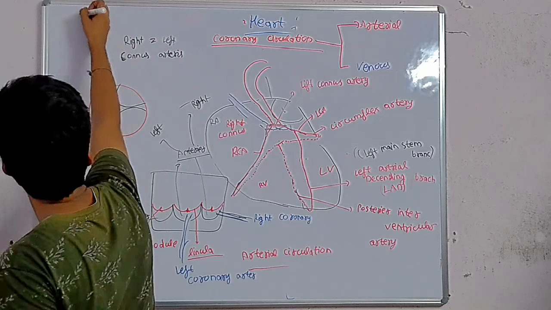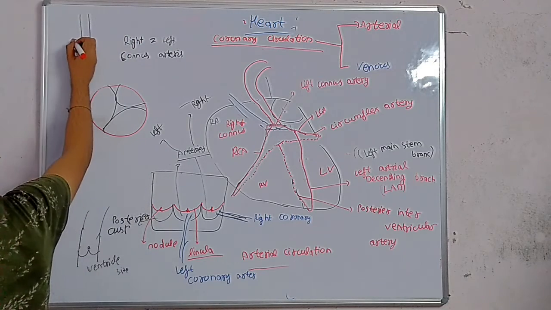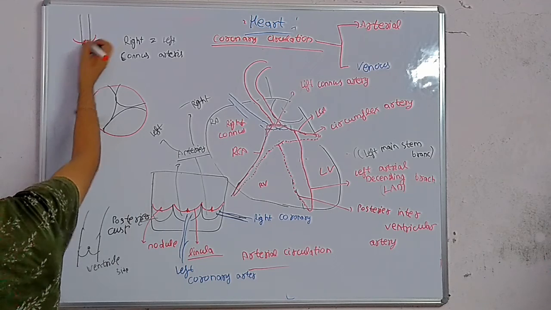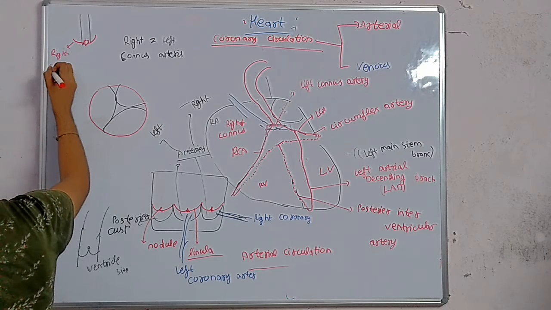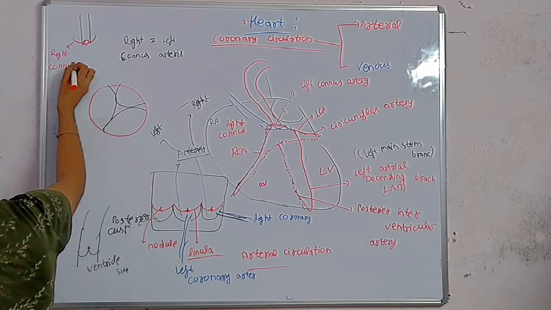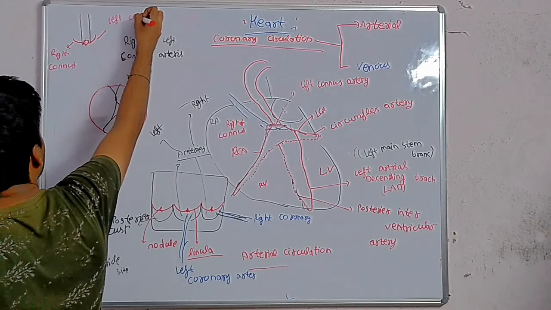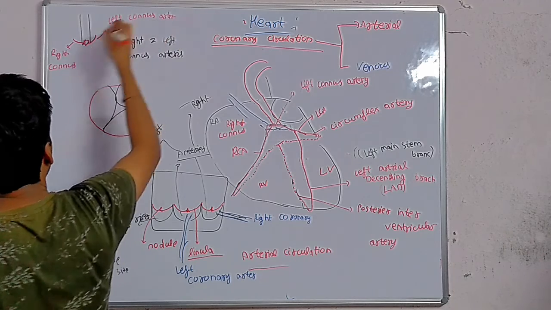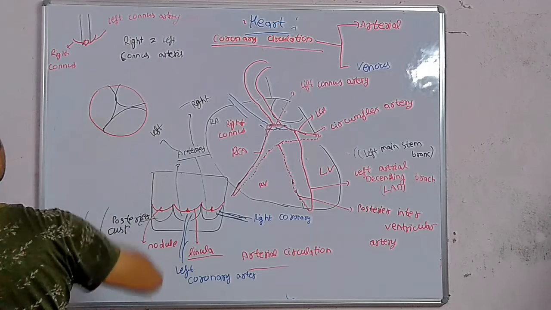Let's say this is the pulmonary trunk. So here on the right side is the right conus artery and on the left side is the left conus artery. They form a ring which is called the annulus of Vieussens.